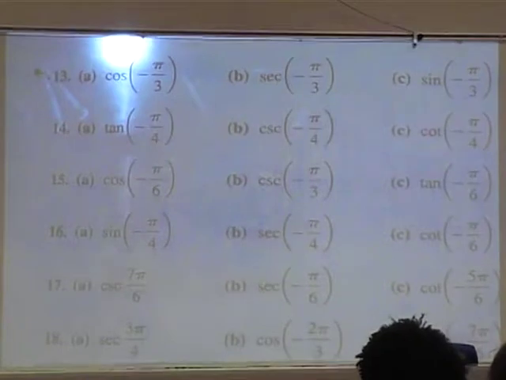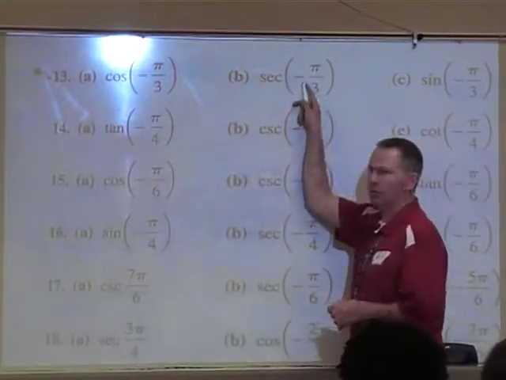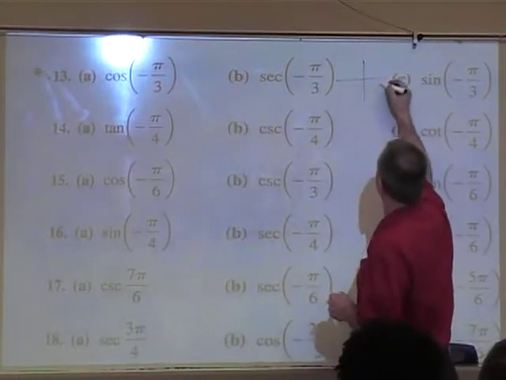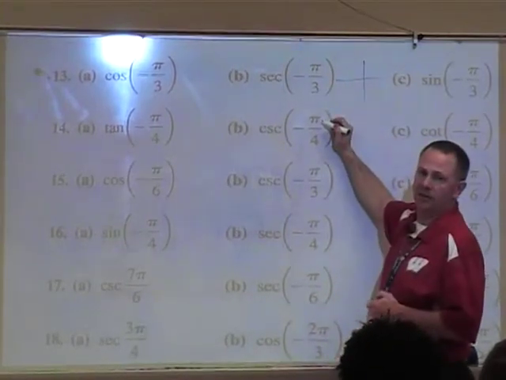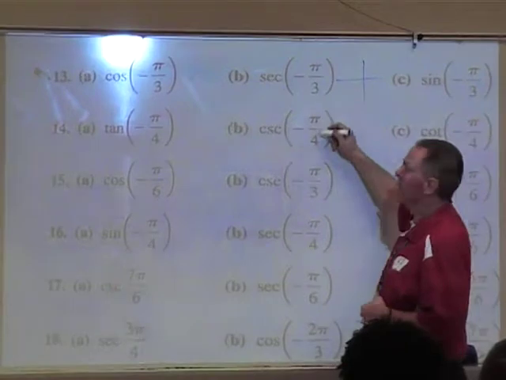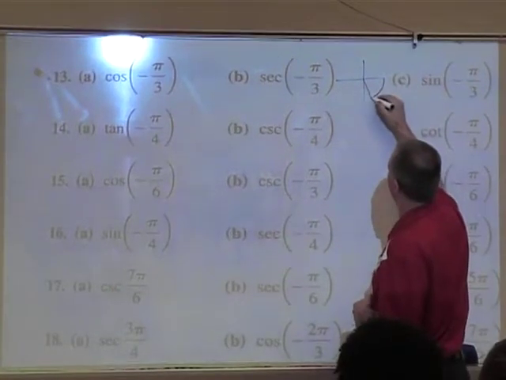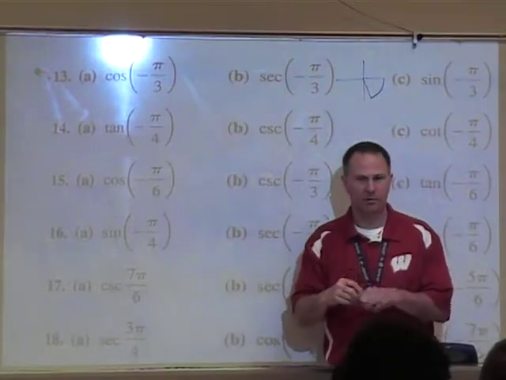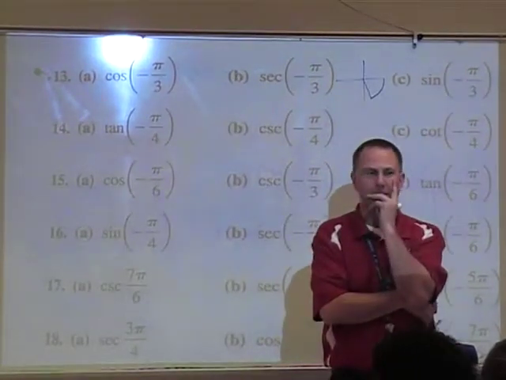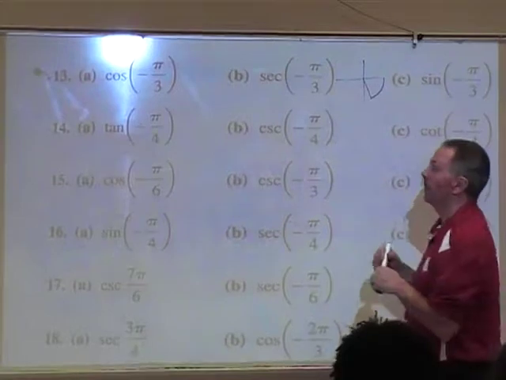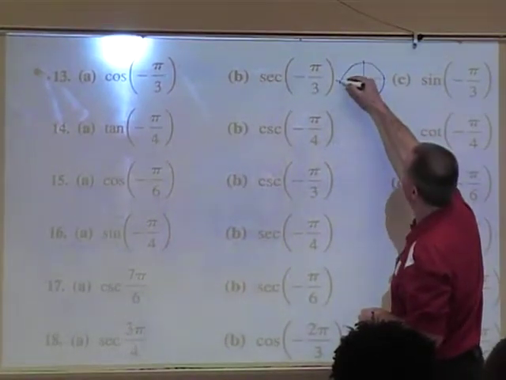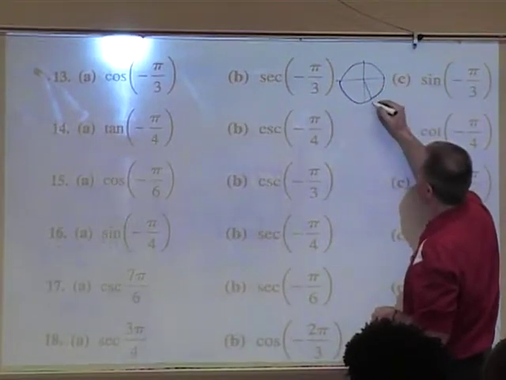Secant. So now we have a negative. So which direction are we going when we use the circle? We're going to go down to start with, and it's a 60-degree angle that we're doing. So we go down to 60 degrees. So what is this in terms of pi going the other direction? Pi over 3, 2 pi over 3, 3 pi over 3, 4 pi over 3, 5 pi over 3.